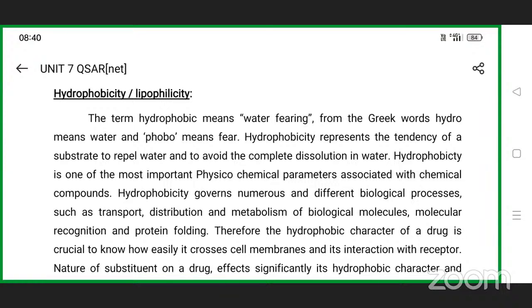Hydro means water here. Hydrophobic nature is water fearing, water hating. So the drug compound must have a good hydrophobic nature, then the absorption properties are good.